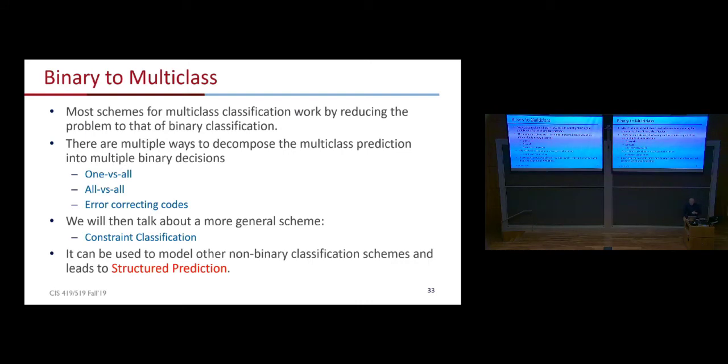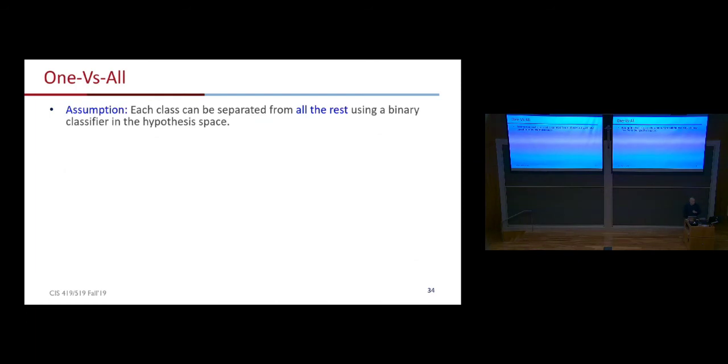So now, how do we convert binary to multi-class? There are multiple ways of doing it. I'm going to discuss 2 or 3 of these methods. We'll start with something called one versus all, and then move to all versus all.